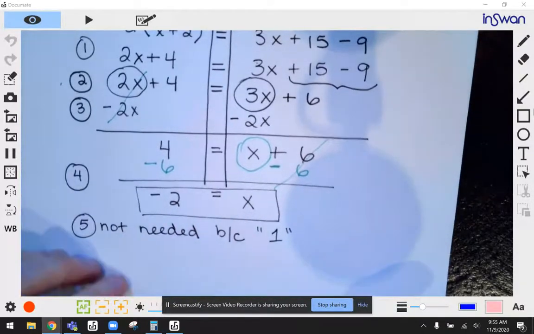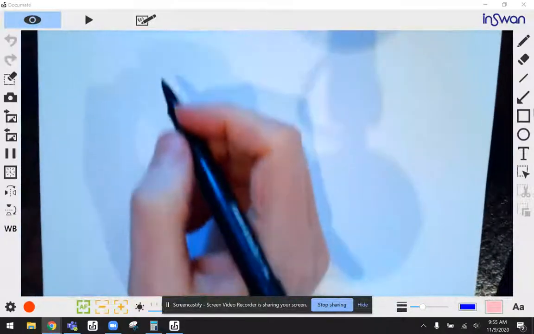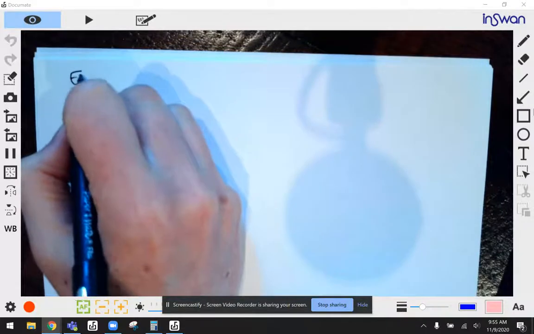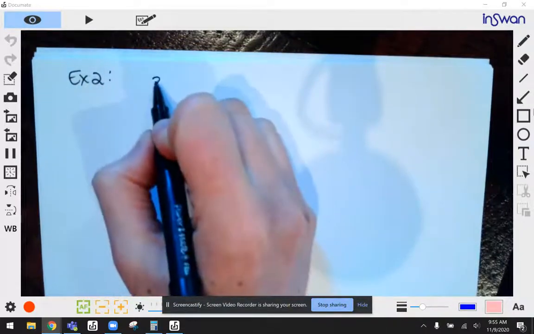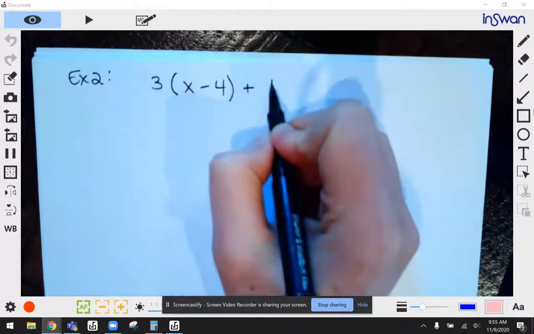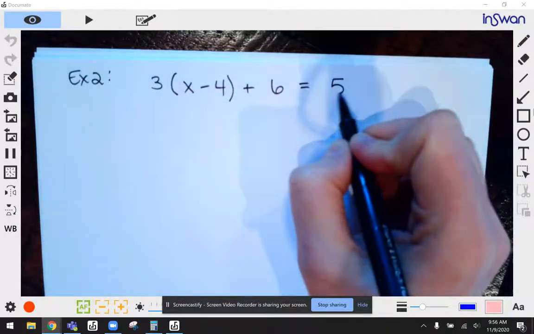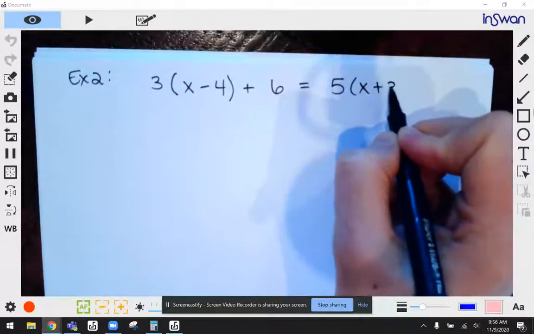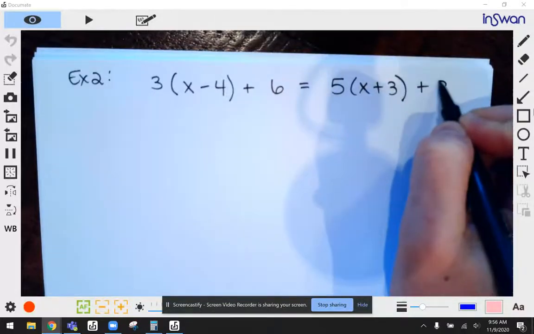Okay, so let's try another one. We'll keep our rules handy. We're going to do example 2. I've got 3 times parentheses x minus 4 plus 6 equals 5 times parentheses x plus 3 plus 9.